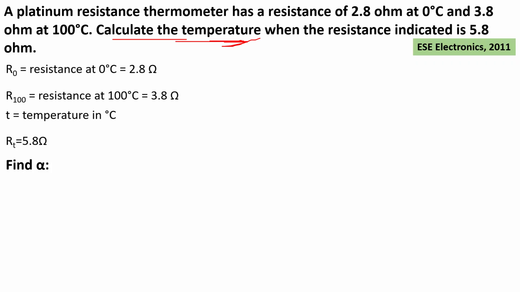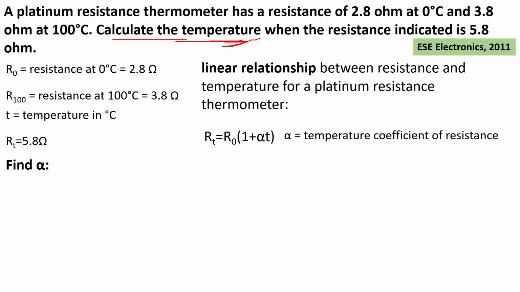So first we have to determine alpha, and we know the linear relationship between the resistance and temperature for a platinum resistance thermometer is RT equal to R naught into 1 plus alpha T. Here alpha is the temperature coefficient of resistance.